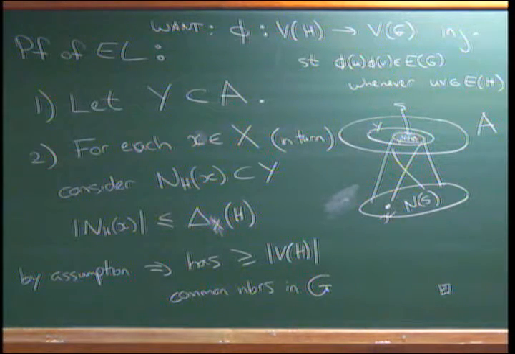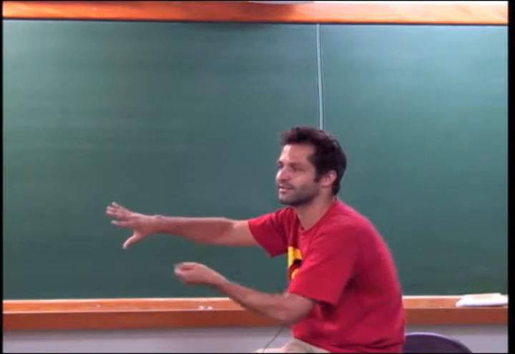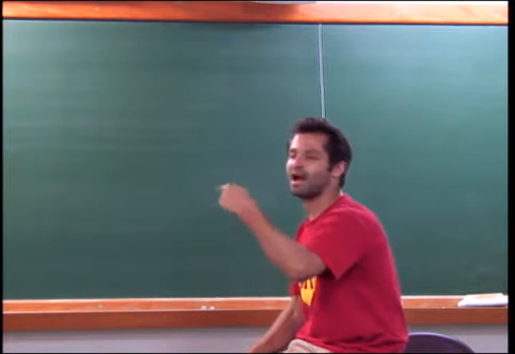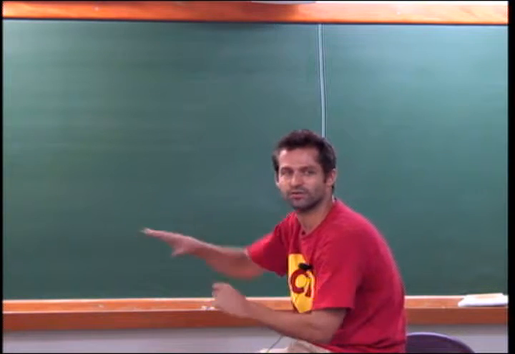And then, in order to choose the vertices of X, we just look at them one by one, in whichever order, and we say, okay, I need this vertex to have a certain neighborhood in Y. So I have to pick one of the common neighbors of that set of vertices in the graph G. But by assumption, that set of common neighbors is big enough so that I can always choose one no matter what I've done before. No matter how I've embedded the previous vertices, there's always one left that I can use.